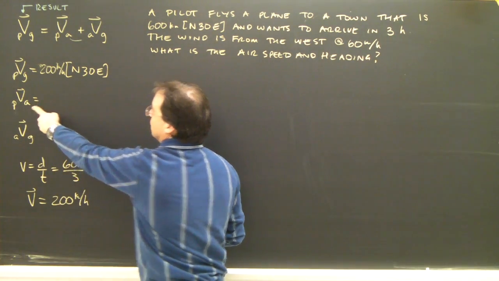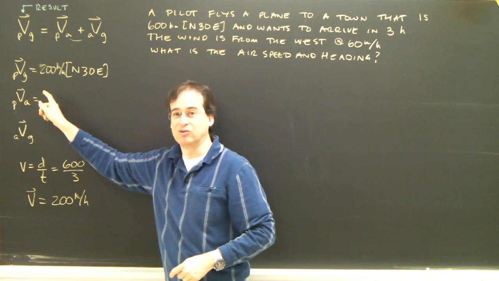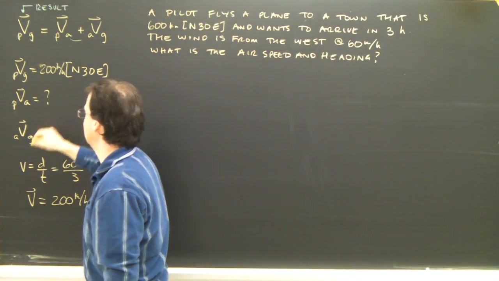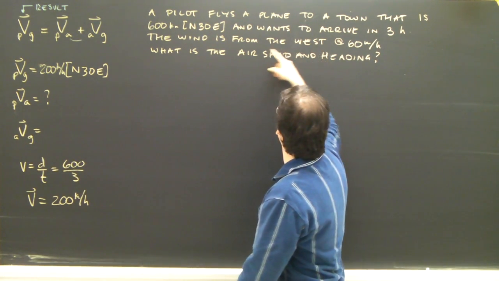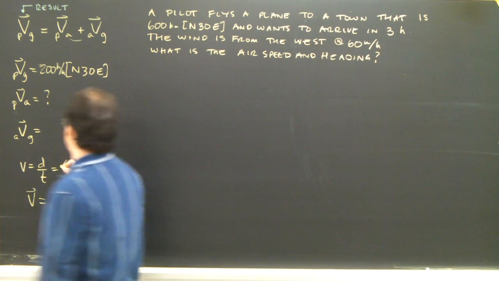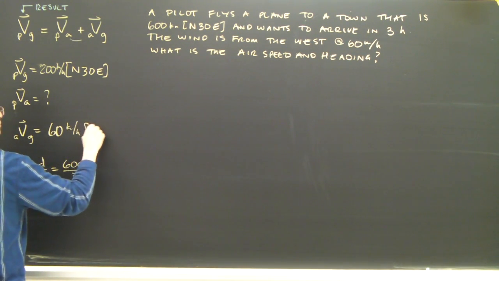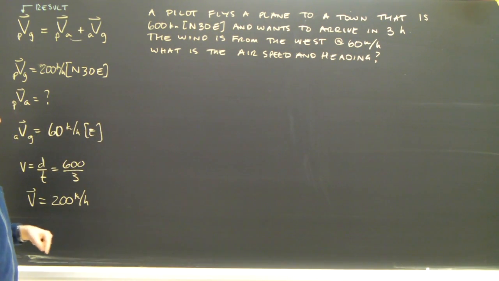So, what else do I know? I'm looking for the airspeed, that's this, and the direction that goes with that is called the heading. And what is the air doing? The wind is from the west, so it's going to be 60 kilometers per hour east, because from the west means that it's going to be heading east.